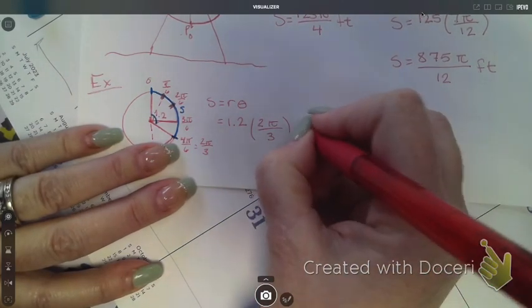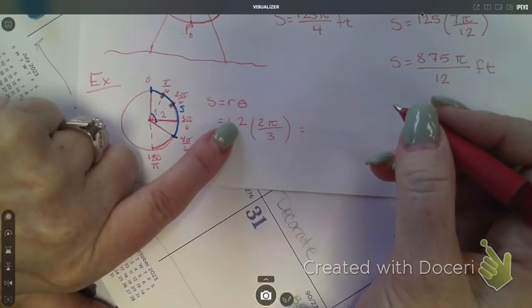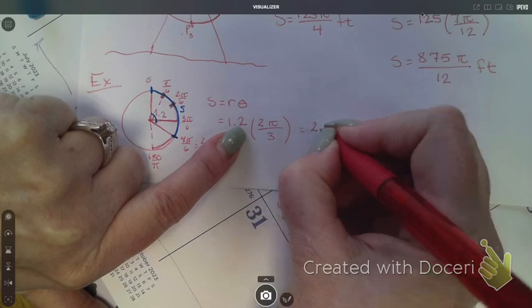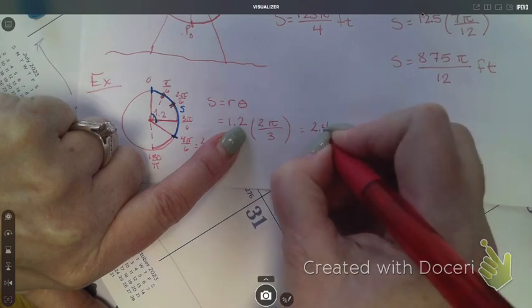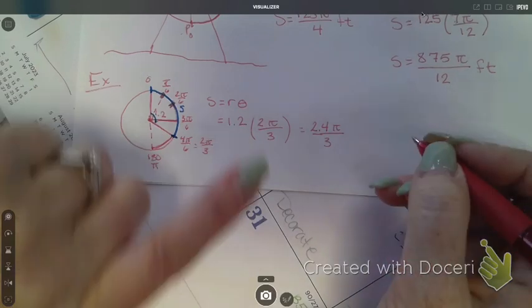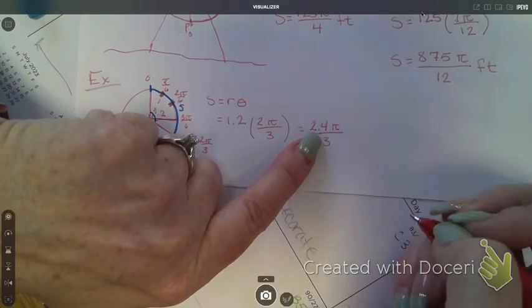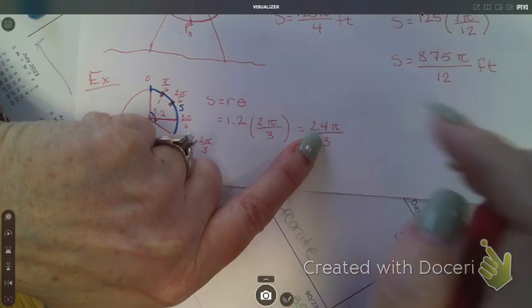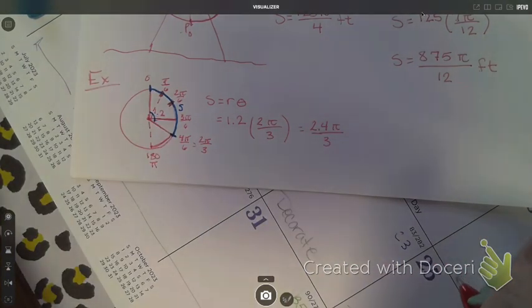Well, I don't have a calculator right at the second, so 1.2 times 2 is 2.4 pi over 3. Yes? And I shouldn't leave a decimal in a fraction, should I? No. How do I get rid of 0.4? If I multiply the top by 10, I have to multiply the bottom by 10.